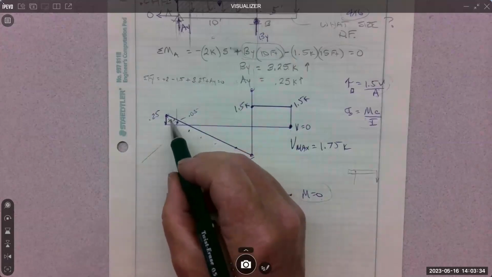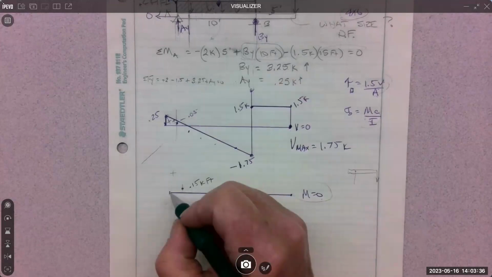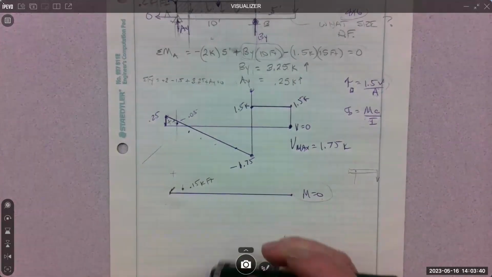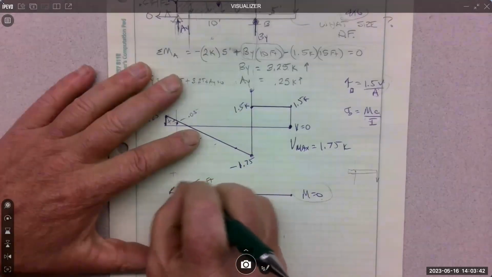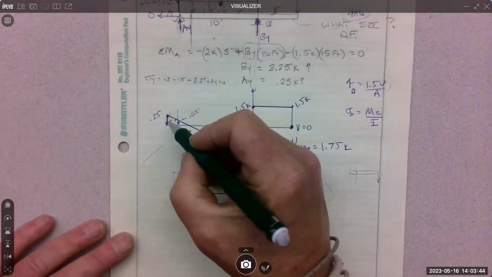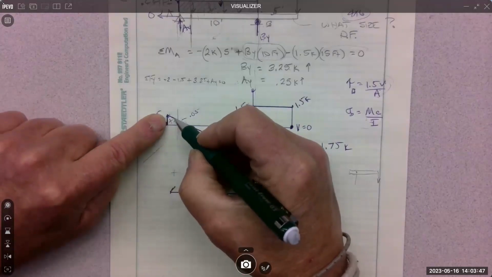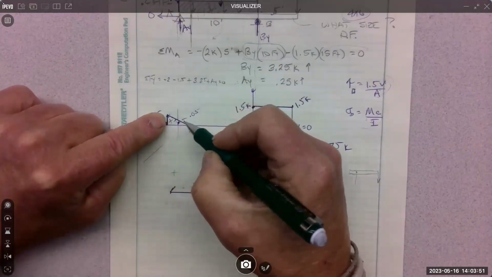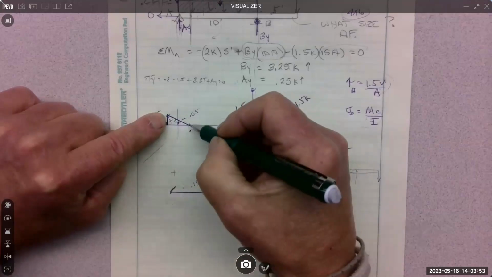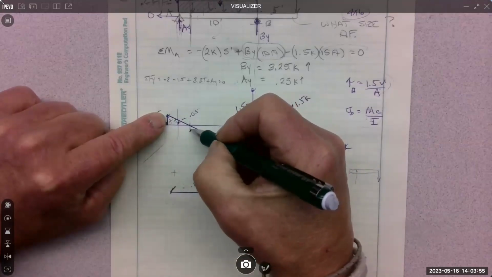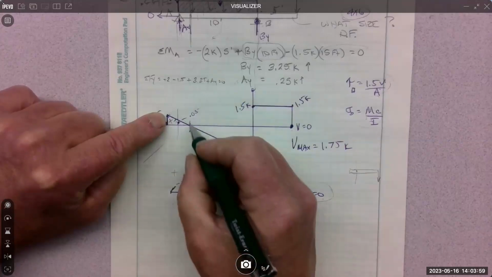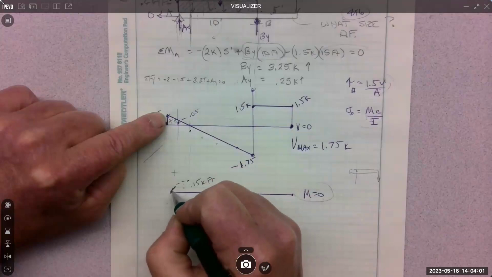So this is telling me the slope of the moment is kind of like this. I'm going to exaggerate it, which is going to put my mark in the wrong spot, but that's all right. So here it's positive, and then it's less positive and less positive and less positive until the slope is 0.